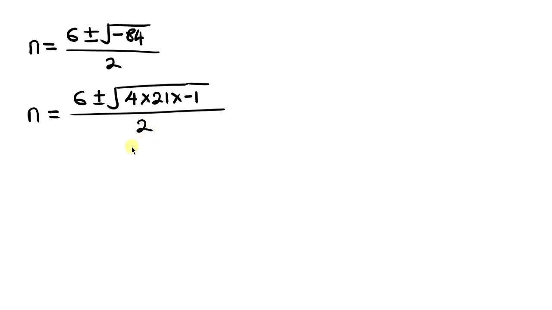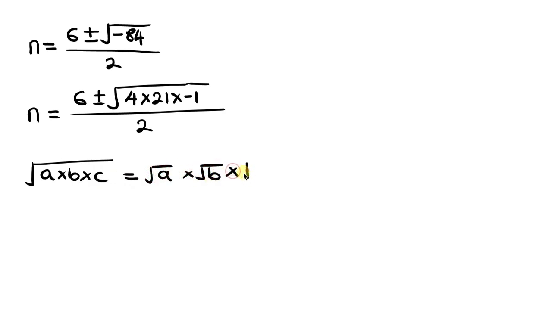Now, our next step will be for us to use the radical property, which says when I have the square root of a times b times c, this is the same as the square root of a times the square root of b times the square root of c. So let's apply this here.